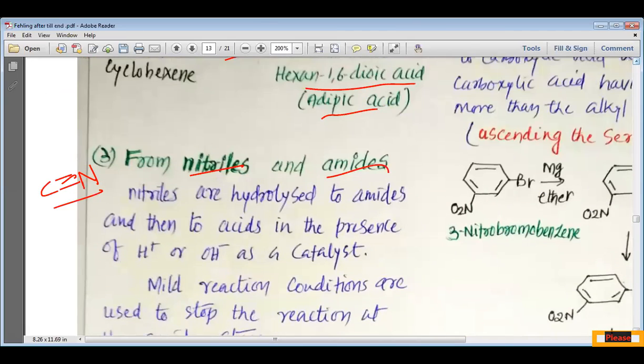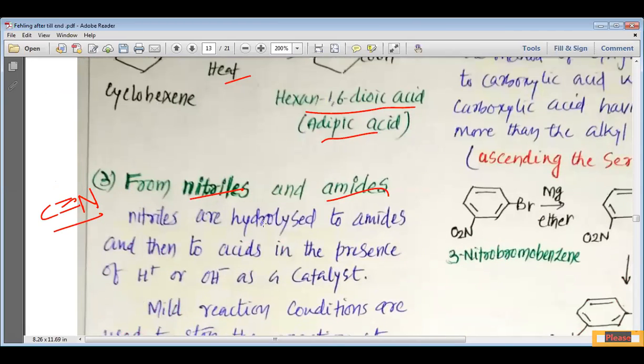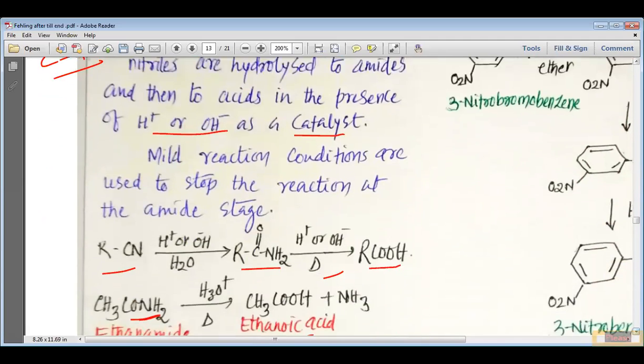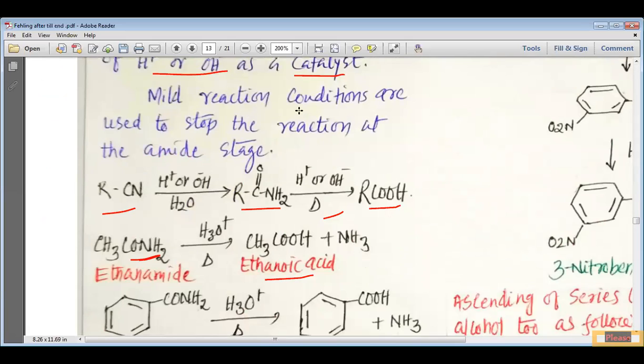So let's understand this, my dear students: nitriles are hydrolyzed to amides and then to acids in the presence of H plus or OH minus as a catalyst. Mild reaction conditions are used to stop the reaction at the amide stage. So, if the reaction conditions are mild, these nitriles stop at amides.